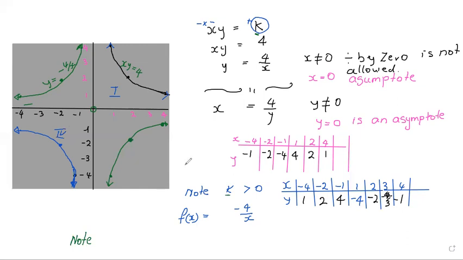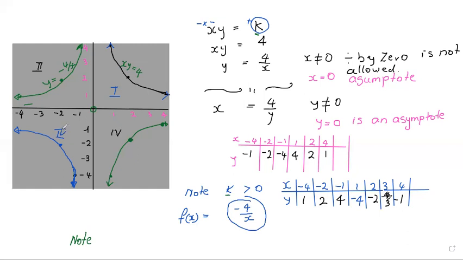And when k is negative, like here, k is negative 4, it is found in the second quadrant, and this is the fourth quadrant.